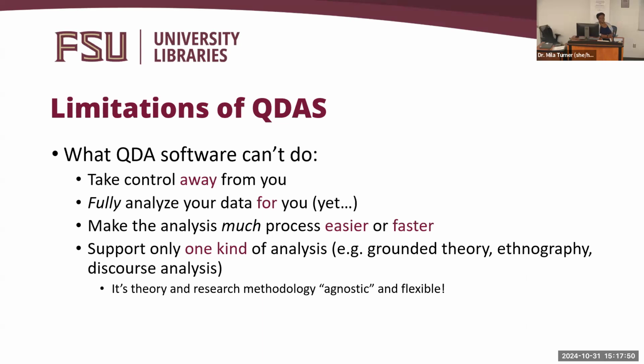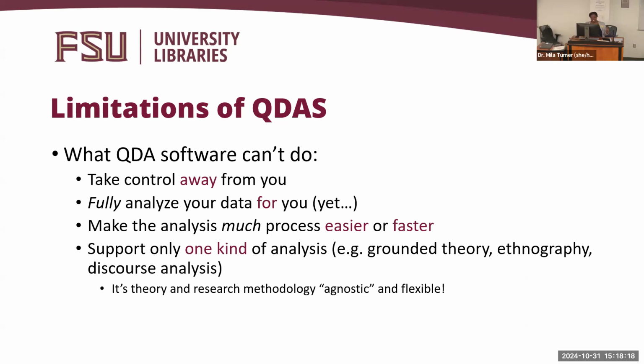Another way to think about these qualitative software programs is as very flexible and agnostic. No matter what theory or qualitative methodology you're using, you can do that within the program. It's not like generative AI, where you can say, I'm doing a grounded theory project on student engagement in the classroom, analyze this data.